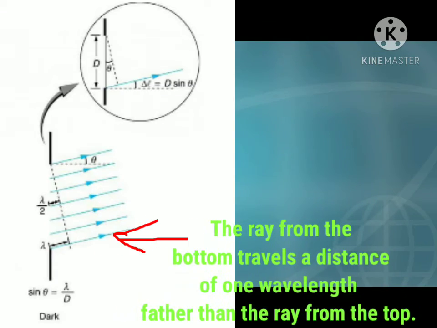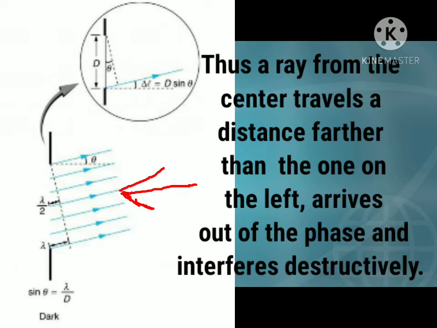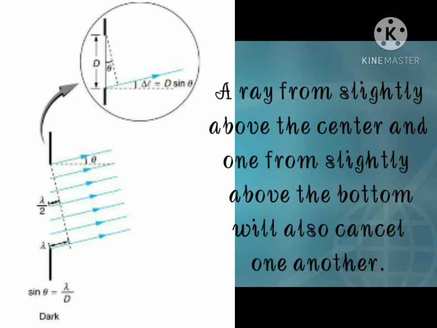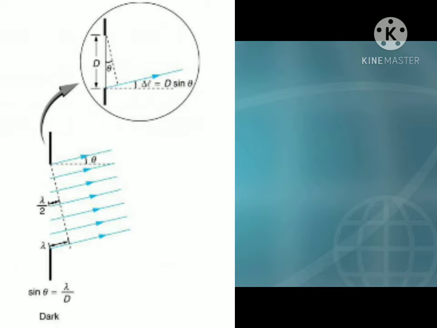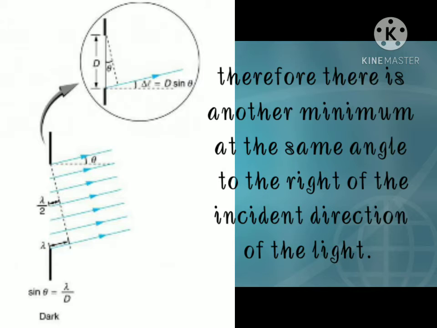However, when the rays travel at an angle relative to the original direction of the beam, each travels a different distance to a common location, and they can arrive in or out of phase. So let's have an example.